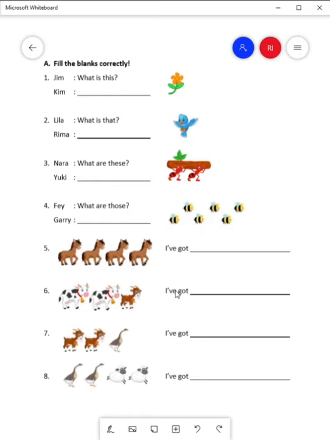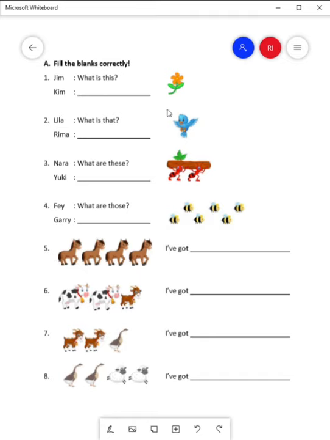Okay, so let's see. Jim asks, what is this? If the question is like this, what is this? You cannot answer that is, those are, these are, but you see, this is. What is this? This is.